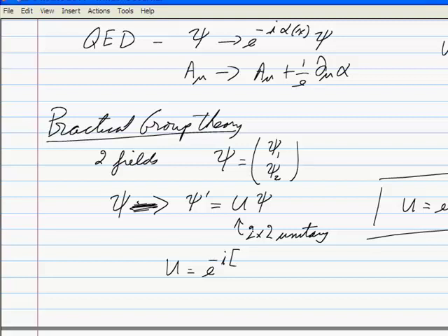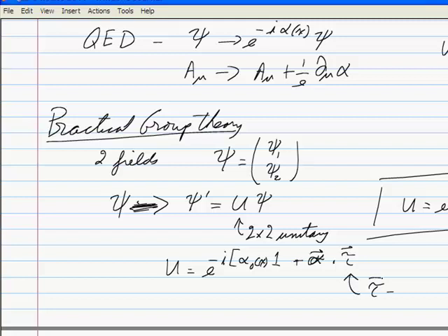And 2-by-2 Hermitian matrices can be represented in terms of an identity matrix, alpha 0 times the unit matrix, and then the 2-by-2 non-trivial Hermitian matrices are the Pauli matrices, which I will call tau.